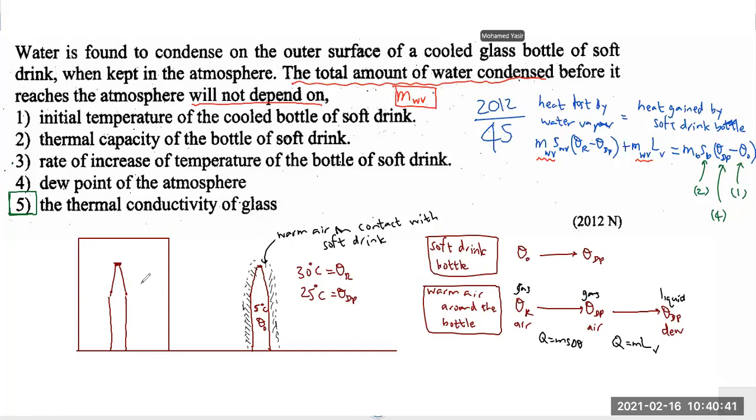No. If you keep it inside the refrigerator, whether it's a metal bottle, an alloy bottle or a glass bottle, after some time both will have the same temperature, because it will eventually reach the temperature of the refrigerator. Whether it's an insulator or a conductor, both will reach the temperature of the refrigerator.